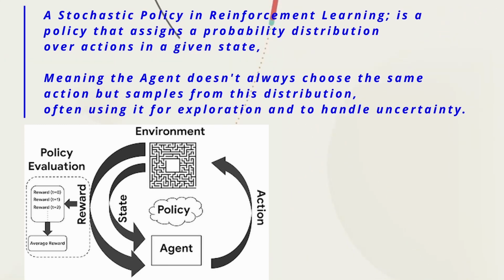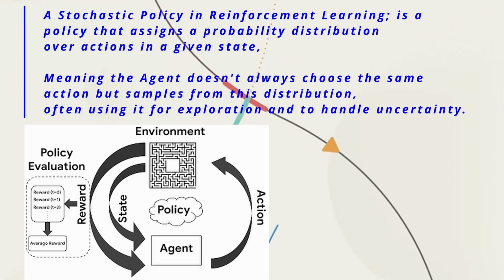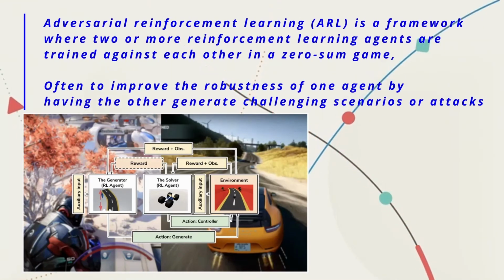Deterministic is fine if the world is perfectly predictable, but it rarely is. So stochastic policies are vital. They help with exploration, trying new things, and they're crucial in adversarial settings like poker. If you're too predictable, you get exploited. You need some randomness to learn robustly.